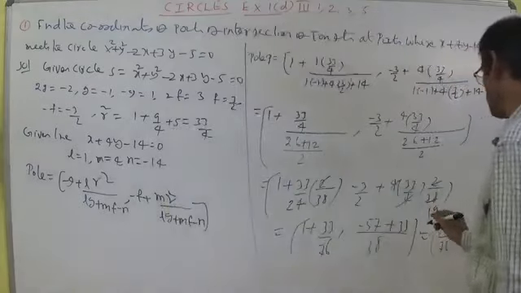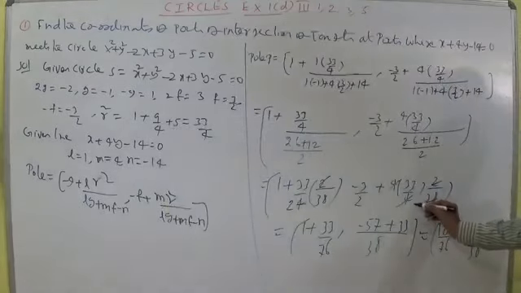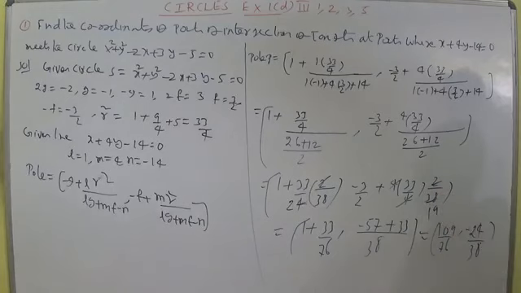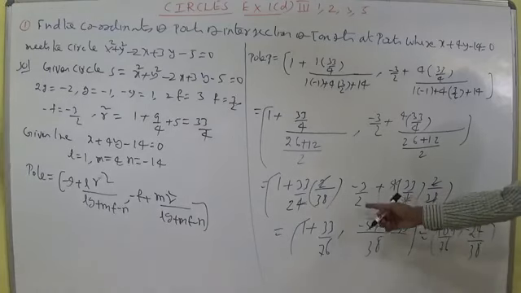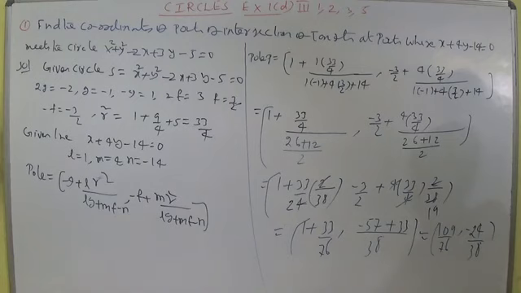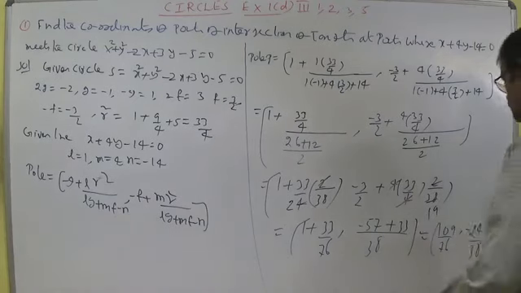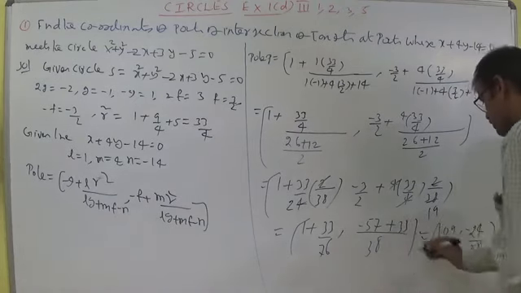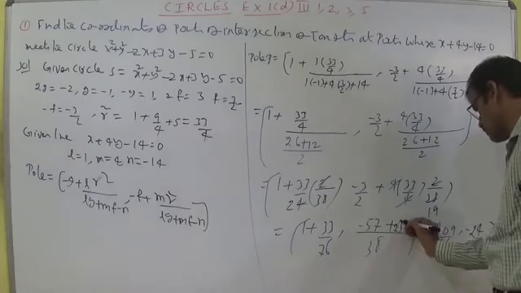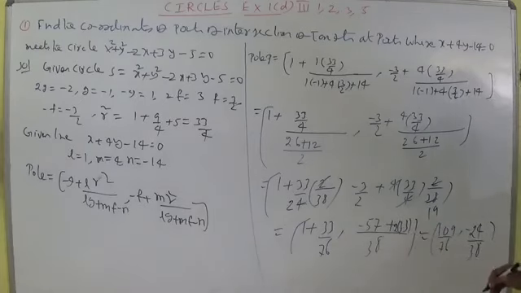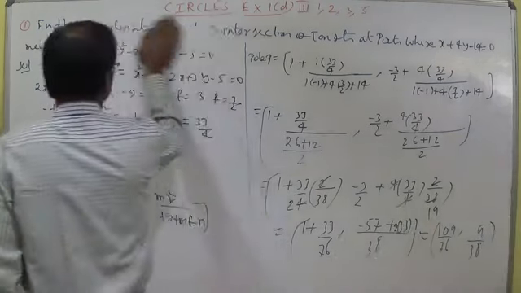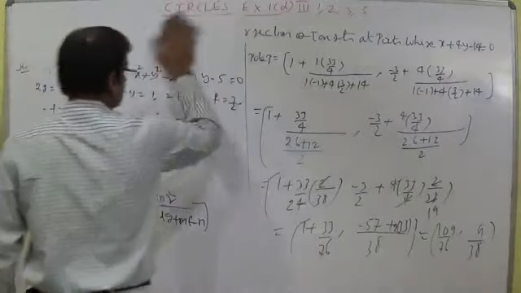Taking the LCM, minus 57 plus here 2 into 3, students, here 66 you should write, 2 into 33. So it is 66 minus 57, which becomes 9, 9 by 38. This is the pole. So in an indirect way he asked it of us.